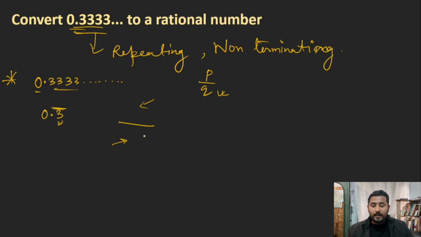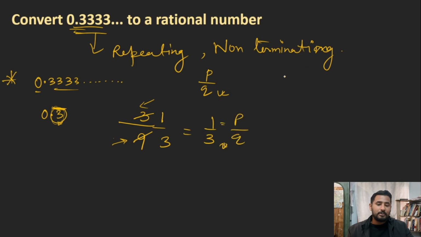So in the denominator I'll just add a 9. And above, you can just write the same number, that is 3. Then start the cancellation. 3 ones are 3, 3 threes are 9. So the answer will be 1 by 3. Is it in the form of p by q? Yes.